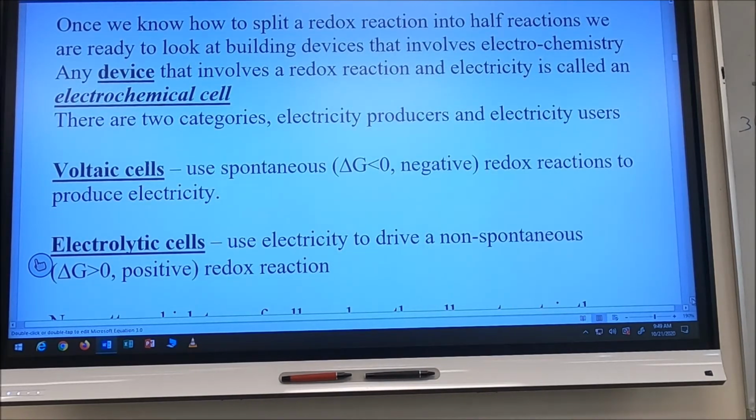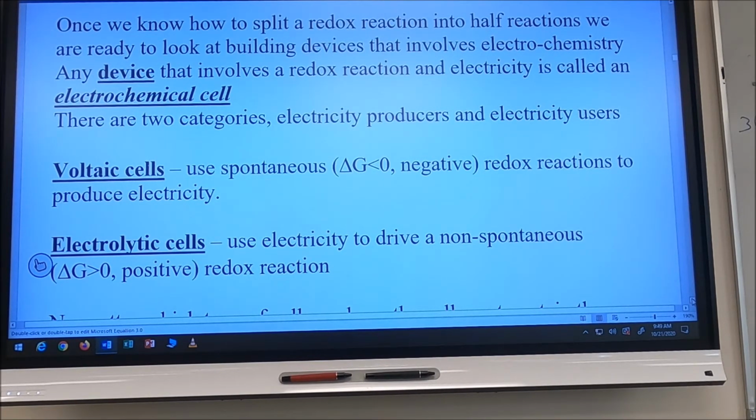Now, once we know how to split a redox reaction into half reactions, we're ready to look at building devices that involve electrochemistry. Any device that involves a redox reaction in electrochemistry is called an electrochemical cell. There are two categories: electricity producers and electricity users.